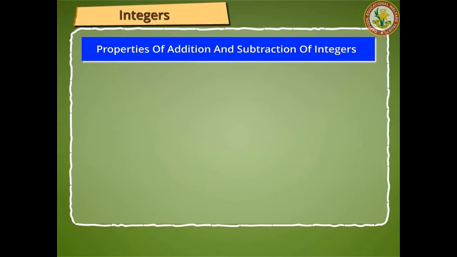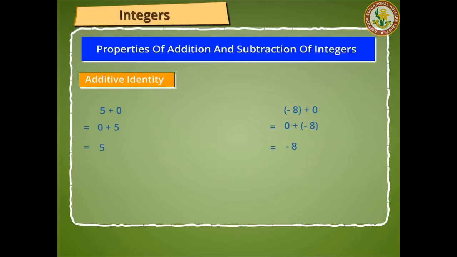Let us now talk about an identity called additive identity. As we know that 5 plus 0 is equal to 0 plus 5 is equal to 5. Similarly, minus 8 plus 0 is equal to 0 plus minus 8 is equal to minus 8.